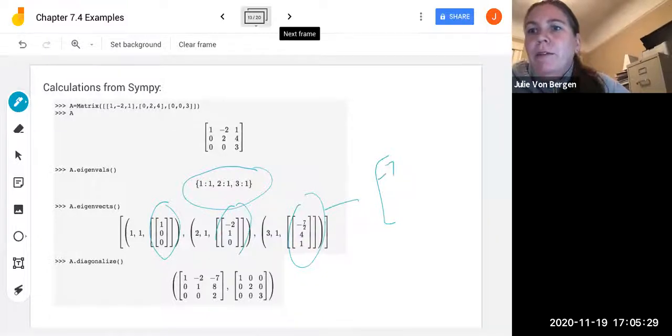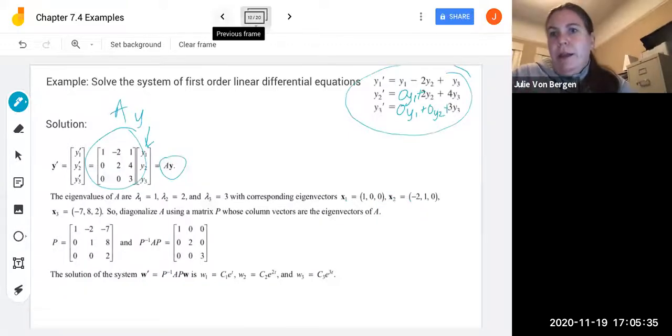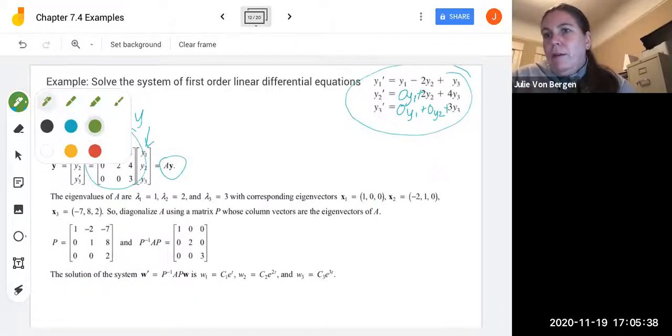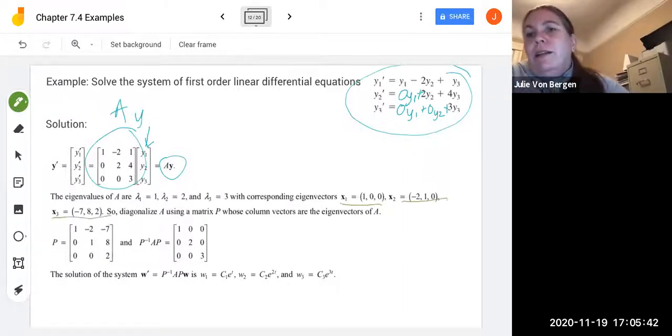Sorry, I misread. If we come back here, we see our 3 eigenvalues, and they correspond, give or take the scalar multiples, to what we find in SymPy. So the eigenvalues are 1, 2, 3.